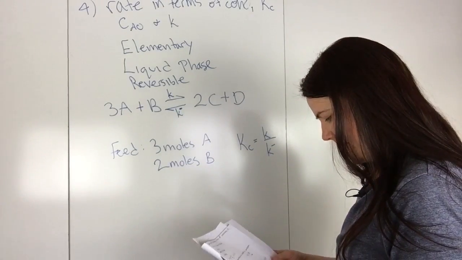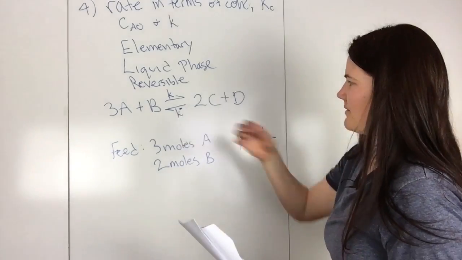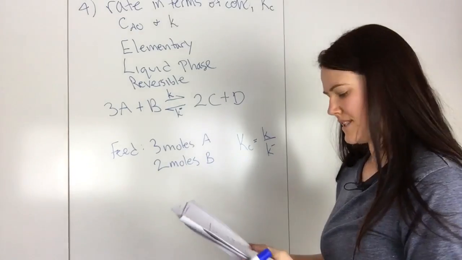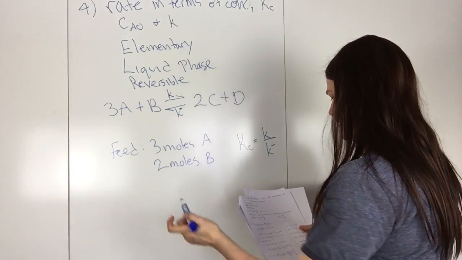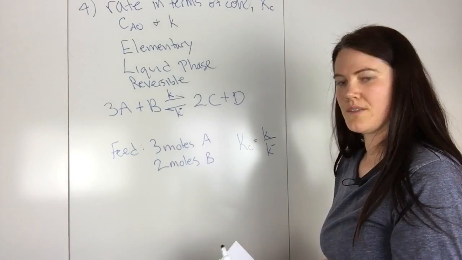So for the rate, since this is a reversible reaction, we need to do it in a couple steps. So first of all, we can write down the rate forward, and then we need to write down the rate in reverse.